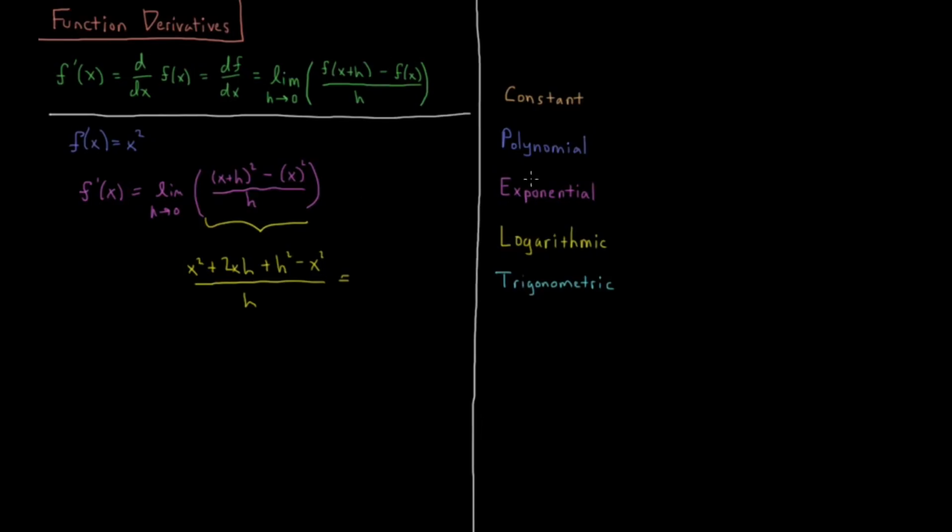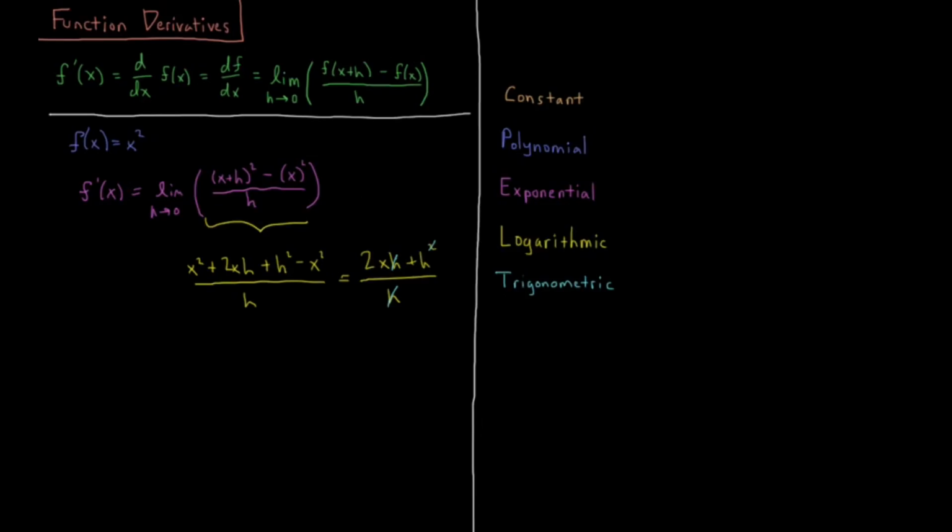The x squared minus x squared cancels. We have 2xh plus h squared over h. Every term has an h here, so h cancels with h, and h squared reduces to h.